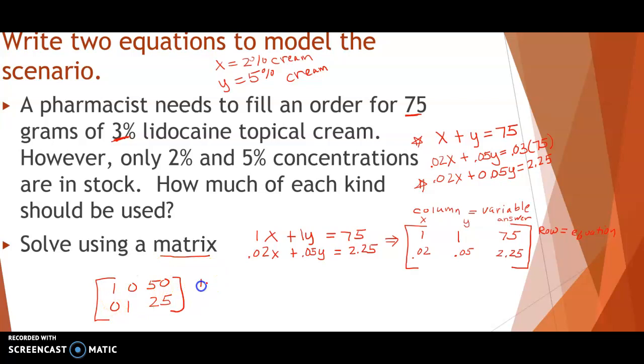So I would say 1x plus 0y equals 50. And I'm pulling my equation out of the matrix just the same exact way that we put these equations into the matrix. And so the second one would say 0x plus 1y is equal to 25.